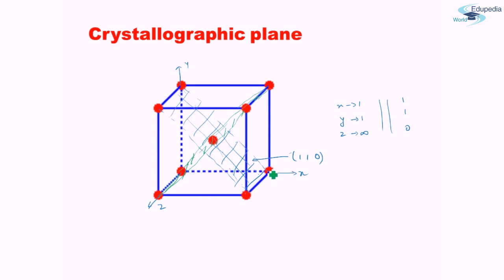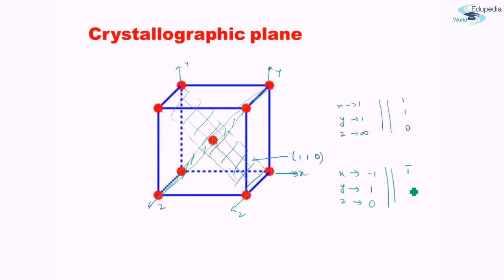Let's take this as the origin. So now this is y, this is x, and this is z. X, y, z. Where does it cut the x-axis? It cuts the x-axis at -1. Where does it cut the y-axis? At +1. Where does it cut the z-axis? It is parallel to the z-axis, so 0. Right? Take the reciprocal.